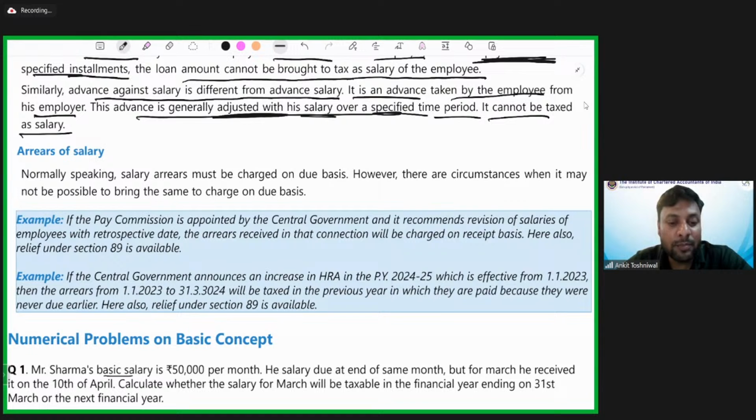Calculate whether the salary for March will be taxable in the financial year ending on 31st March or the next financial year. Answer. If a portion he is surrendering to the Central Government of India, only that portion is exempt, not the whole salary. Answer fast. I am waiting for the answer.